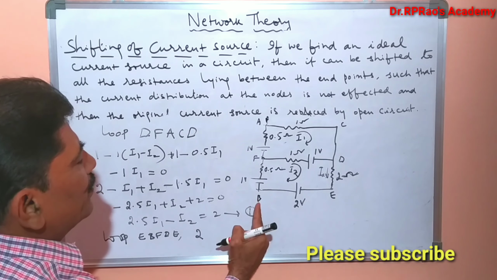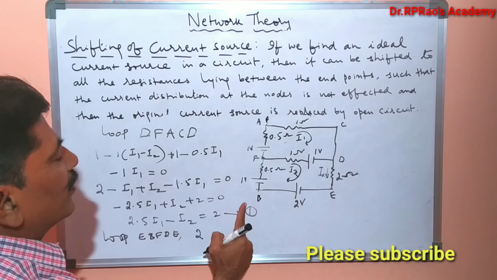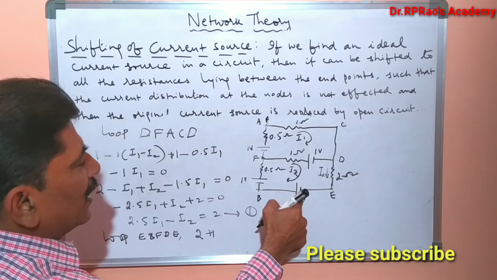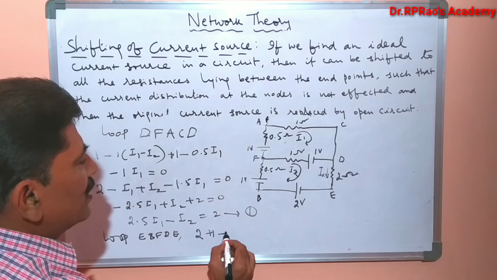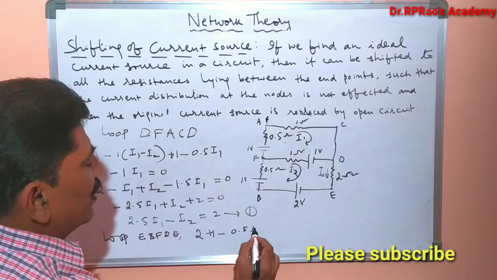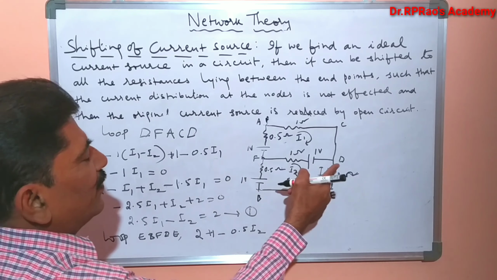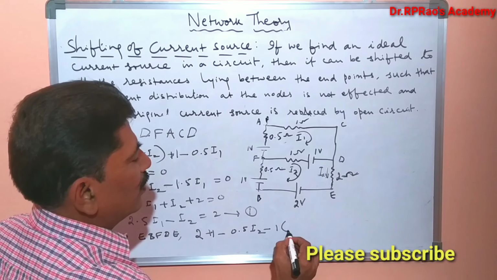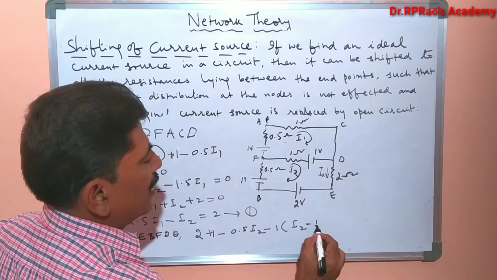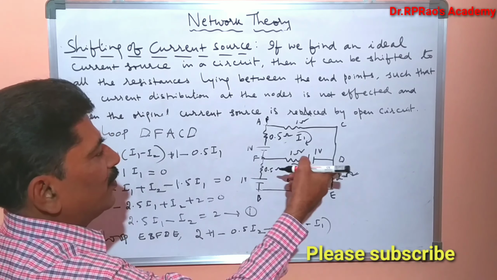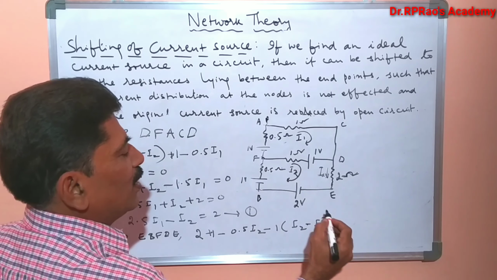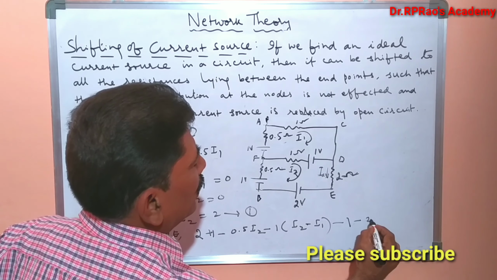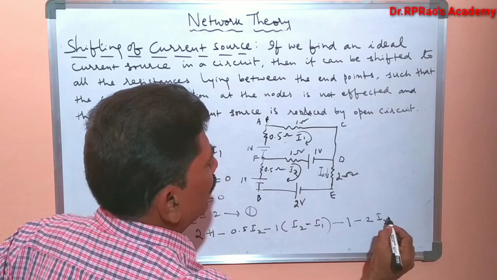Here, in this branch BF, we are moving from B to F. There is rise in potential plus 1, and we are moving in the direction of current I2. So, minus 0.5 I2. And in the branch FD, we are moving against the direction of current. So, minus 1 into I2 minus I1 is the net current flowing from F to D, and there is fall in potential, so minus 1, and minus 2 into I2 is equal to 0.